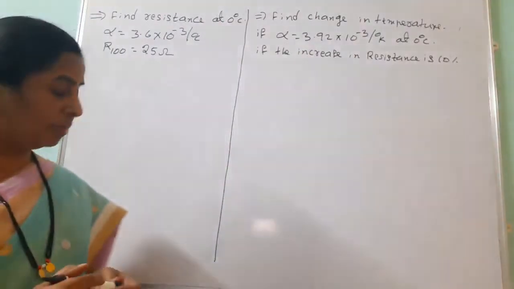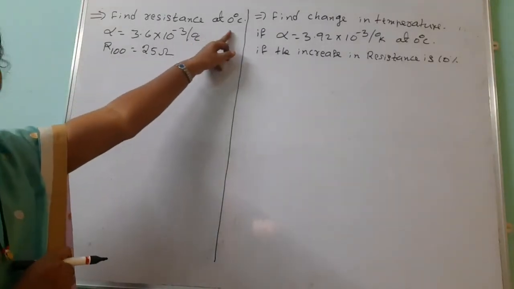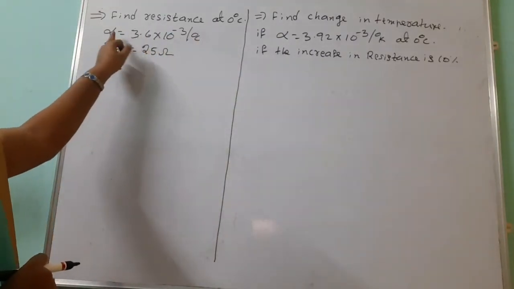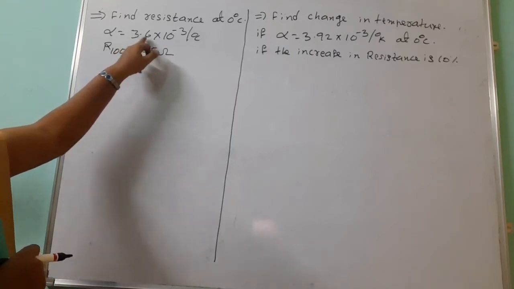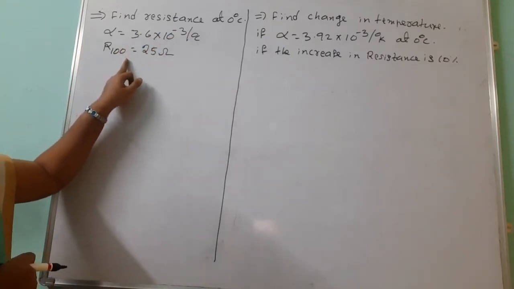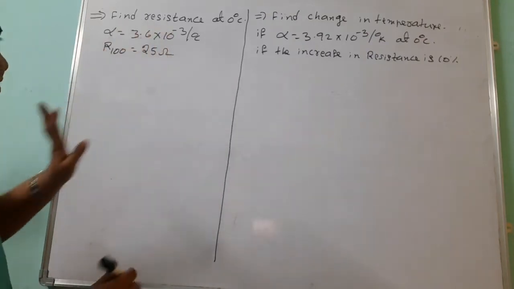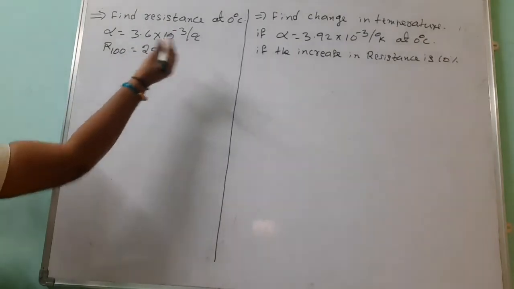The given problem is to find the resistance at 0 degree centigrade. The temperature coefficient of resistance alpha is 3.6 into 10 power minus 3 and the resistance at 100 degree centigrade is 25 ohms. We should find the resistance at 0 degree centigrade, that is R naught.